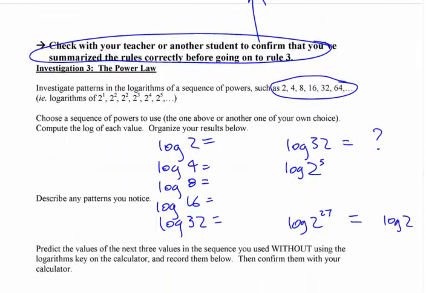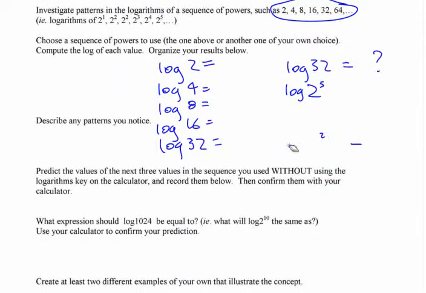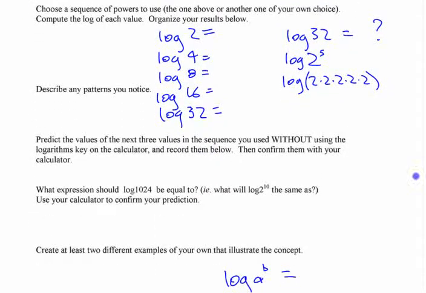If you want to know what log of 2 to the 5th is, this is like log of 2 times 2 times 2 times 2 times 2. What does our multiplication rule say that can be? Log of a bunch of things multiplied? I know you just learned it a few minutes ago, but what does the first rule we learned say about that?